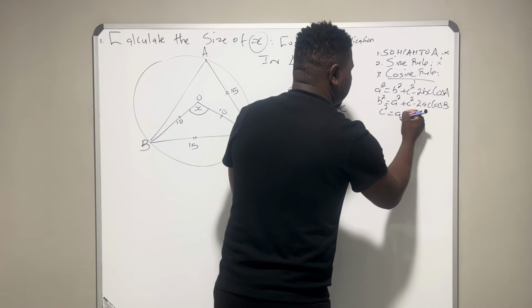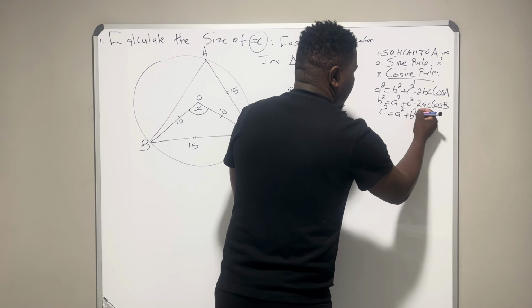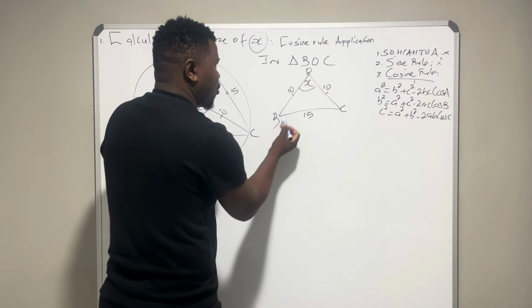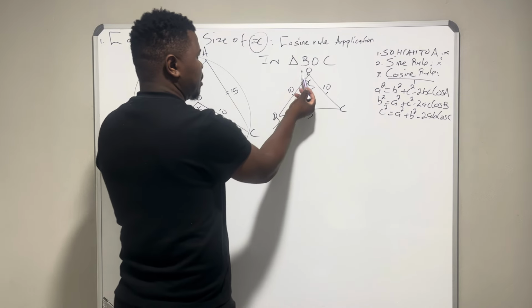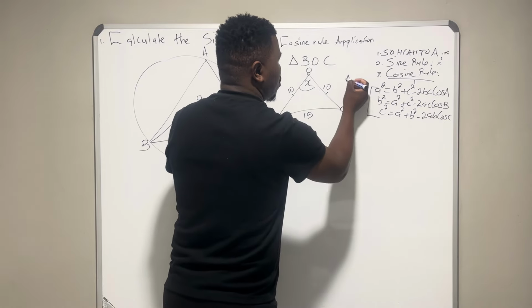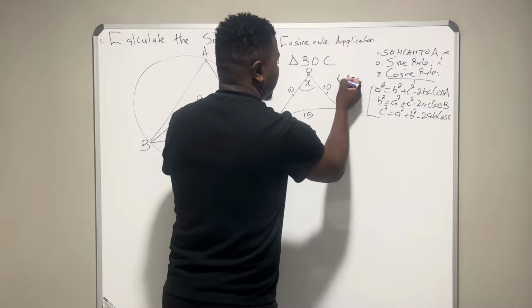I need to create my own based on what? Based on the given points. You can see I have BOC, and these formulas accommodate a triangle of ABC.